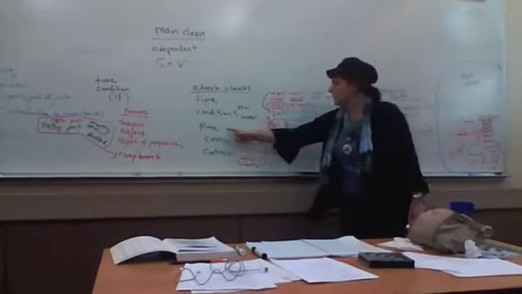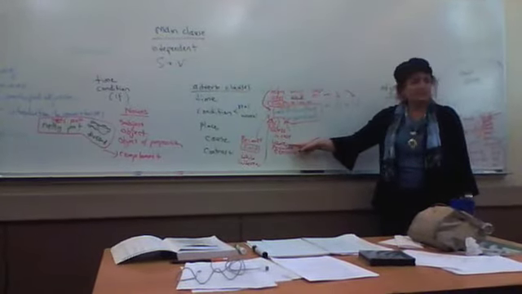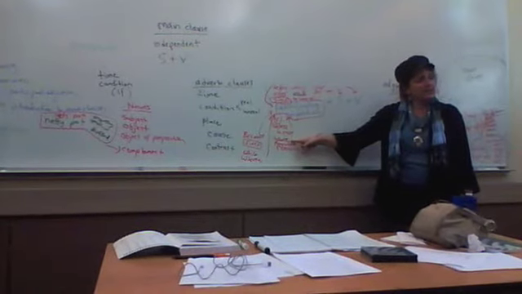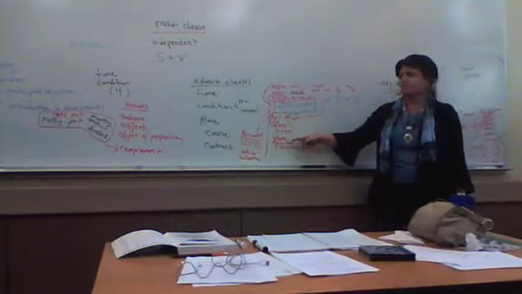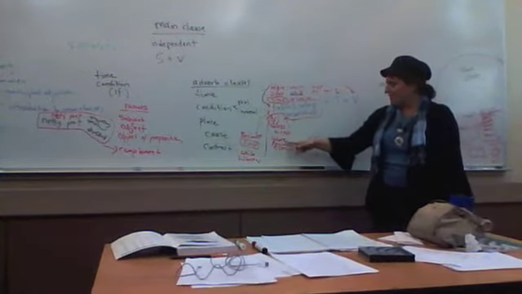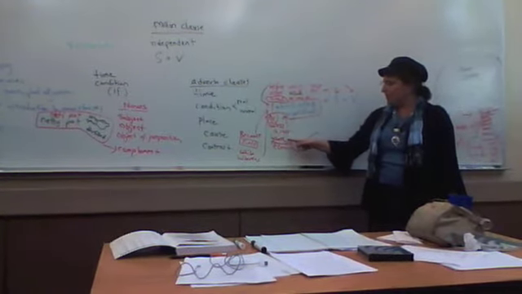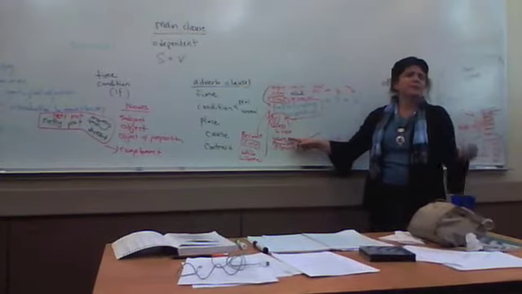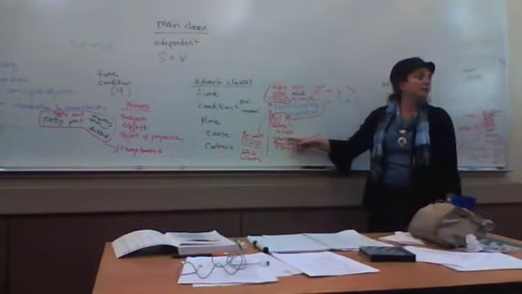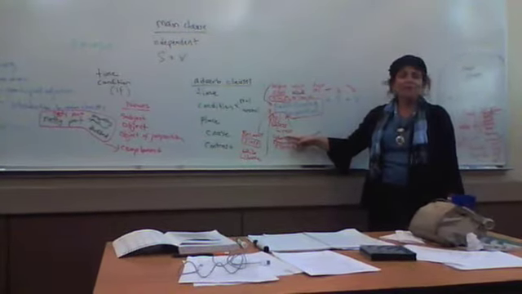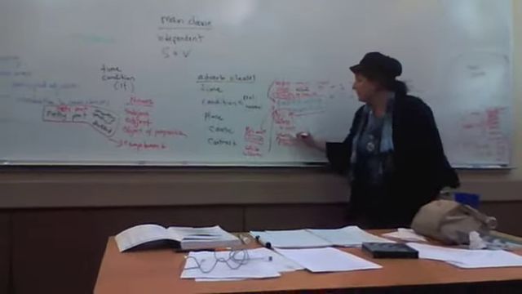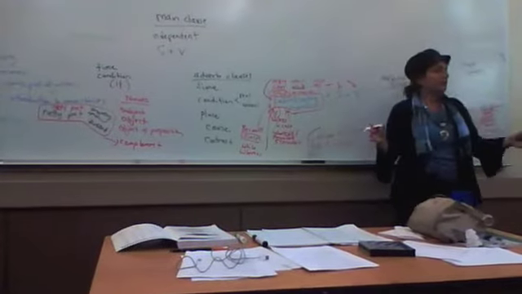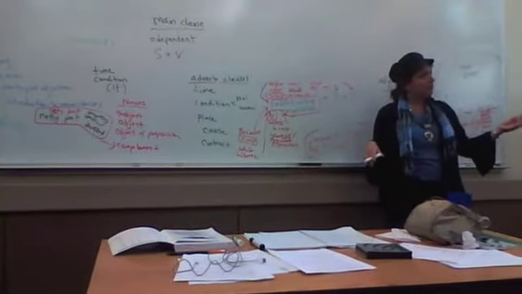Adverb clauses of place. We can introduce adverb clauses of place that answer the question where: where, anywhere, everywhere, wherever. Here's an example. Where you go, I will follow. I will follow where you go. Wherever you go, I will follow you. I will follow you wherever you go.